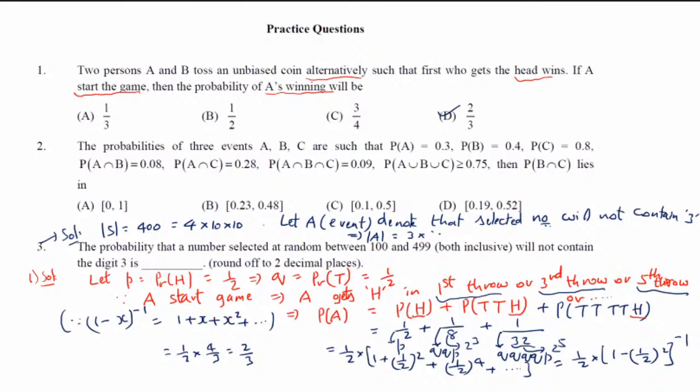So 9 ways. The ones place, units place, also not containing the digit 3 means from 0 to 9, 10 ways, ignore 1 way. So this is 9 ways. Okay. So the required probability P of A is equal to 3 into 9 into 9 divided by 4 into 10 into 10.